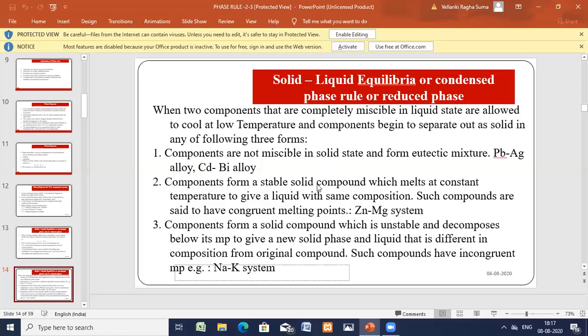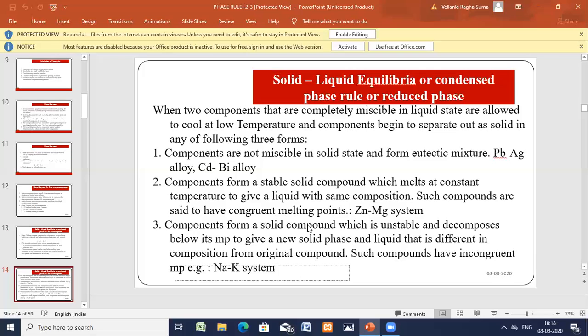So there are three categories. The first category is today's class. In the next category, two components miscible in the liquid state get separated on cooling as a stable solid, which again melts at constant temperature to give a liquid of the same composition, with congruent melting points, that is the zinc and magnesium system.